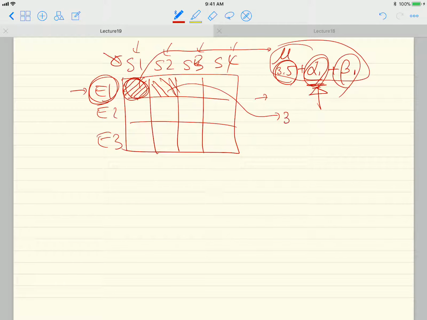This cell will have the mean value of 3.5 plus alpha 1, plus student 2's capability of beta 2. So we can represent the true mean value of each different combination of students and exams.